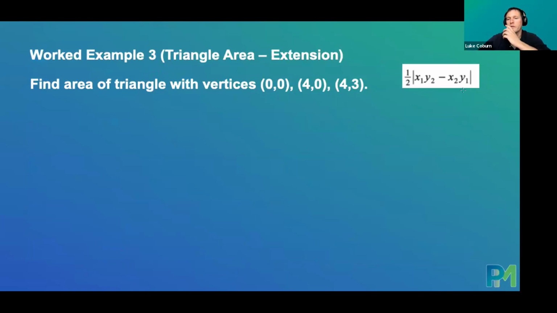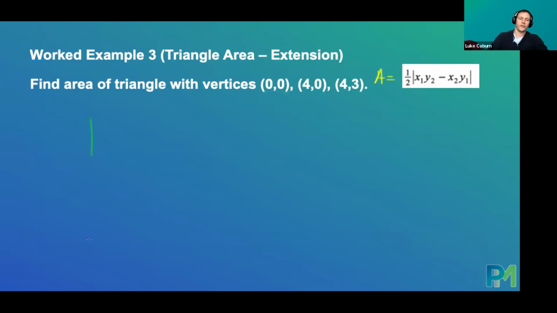What you'll notice about this formula is that we just have an x1, y1, and an x2, y2. We only have 2 points, but obviously a triangle has got 3 points.